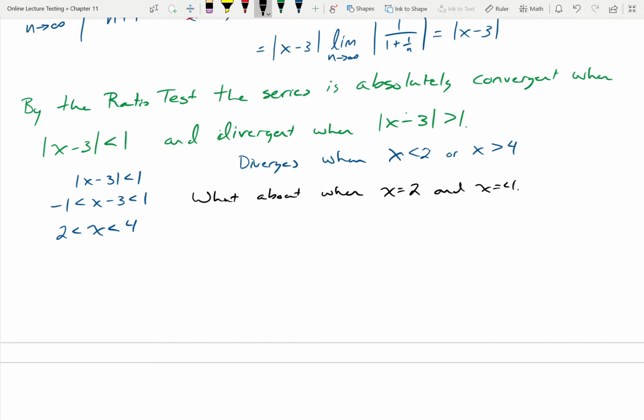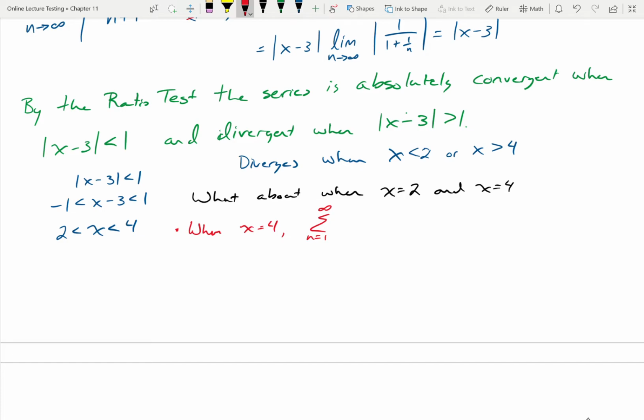Well, we're going to have to look at these a little bit differently, because if we allowed equality here, remember the ratio test states in the third condition that when the limit is equal to 1, it's inconclusive. So that means we're going to have to use different tests. So for our first one, when x is equal to 4, we get the series from n = 1 to infinity of (x − 3)^n over n.